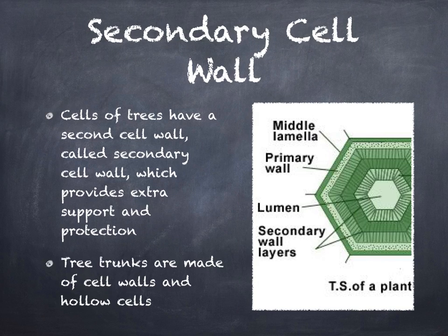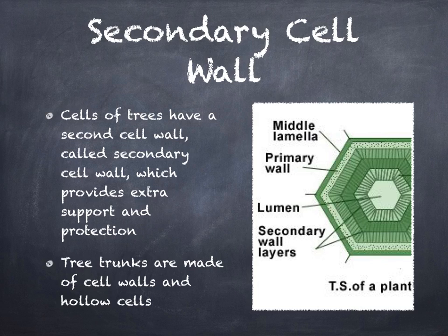For trees and others, you can have secondary cell walls, and you can have more than one secondary cell wall. Tree rings, for example, reflect a number of secondary cell walls for every year that the tree is alive. So the cells of trees have a secondary cell wall, which provides extra support and protection.